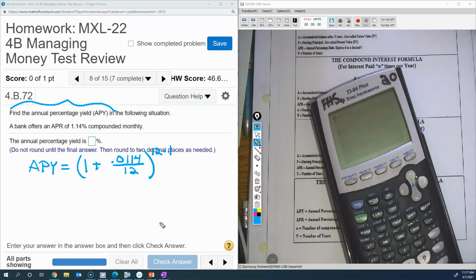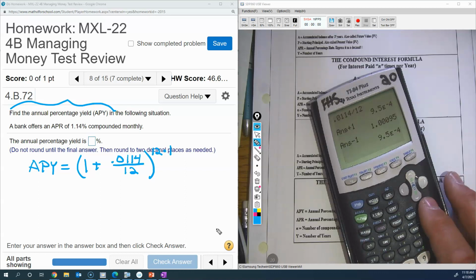Clear? 0.114 divided by 12. Okay. Plus 1. And then I'm going to subtract 1.